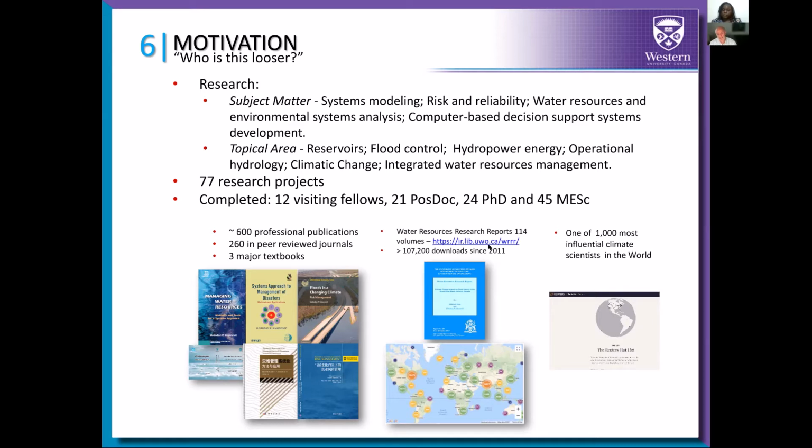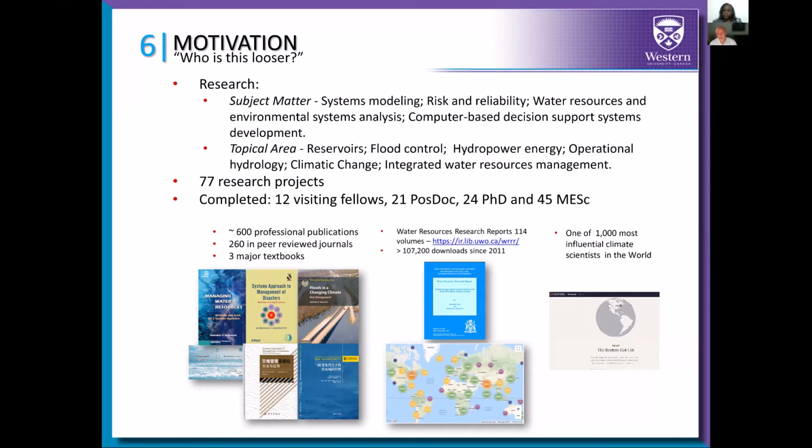They're distributed through the Western University Library, and the library has been taking statistics since 2011. Approximately 108,000 downloads of these documents were recorded from 139 countries around the world, obviously indicating that this research has wide interest.